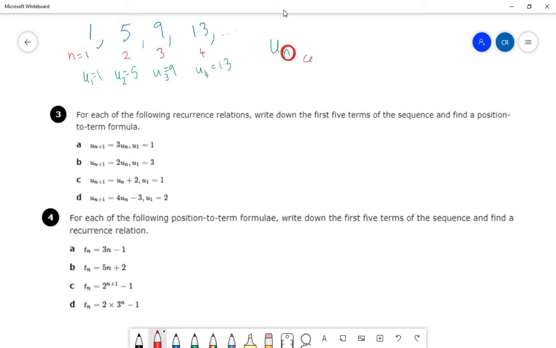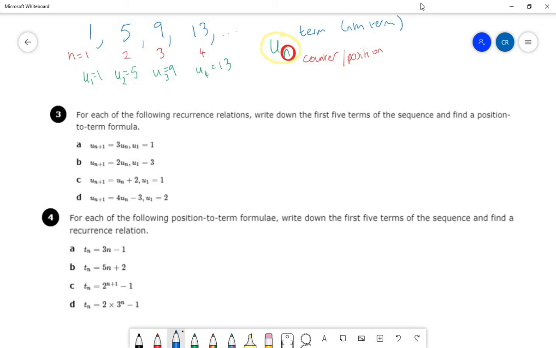Okay, so when you get un written down, then the n here is the counter, the position. But the whole thing, un, that is the actual term. In this case, it's the nth term.